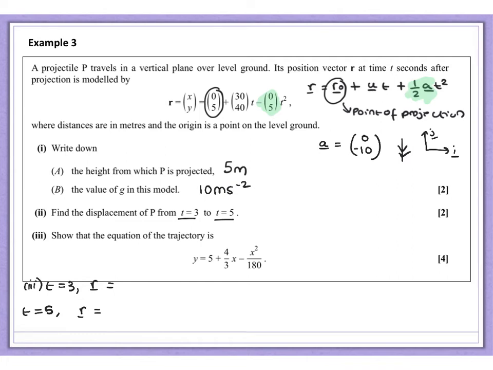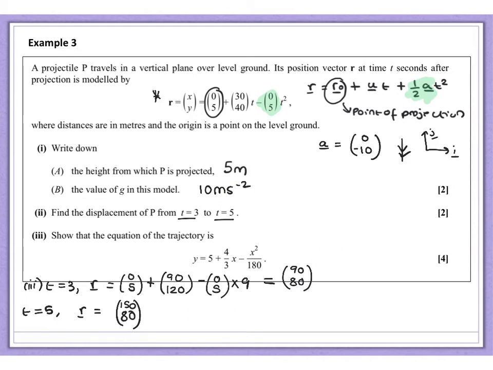So when t equals 3, r is equal to 0, 5 plus 90, 120 minus 0, 5 multiplied by 9, and then this simplifies to the vector 90, 80. And we can do the same thing, substituting t equals 5 into the same result here, and we get r equals the vector 150, 80.